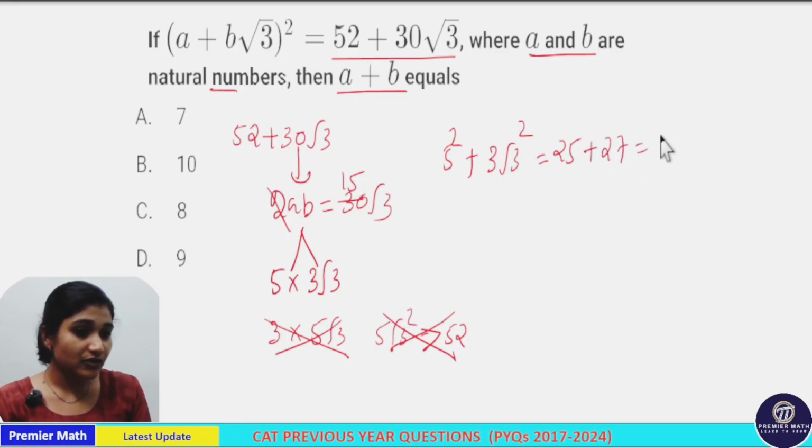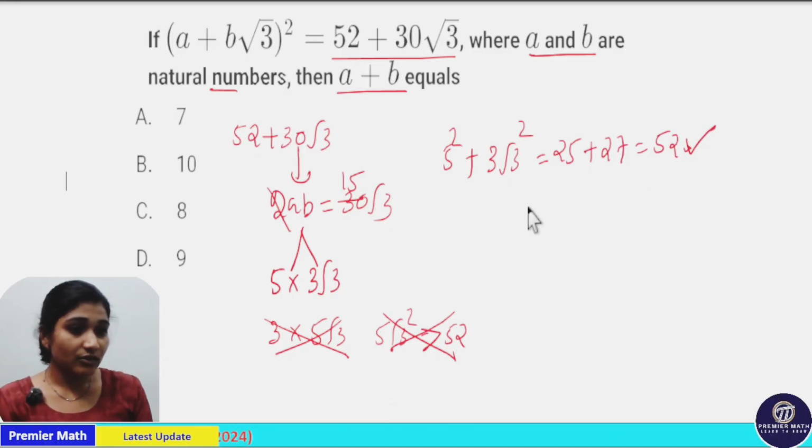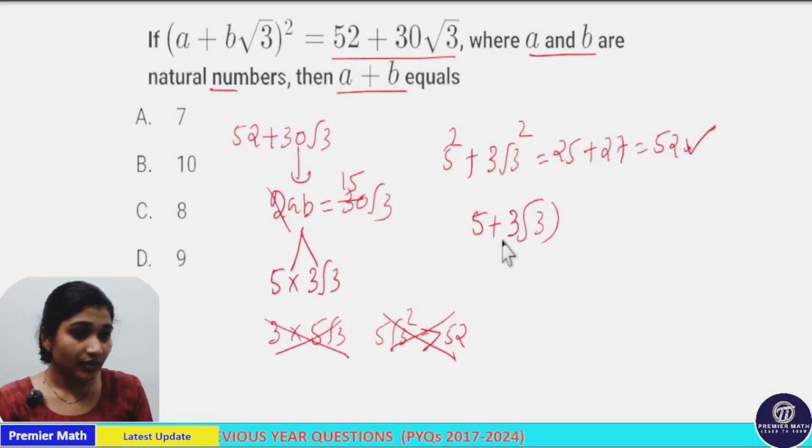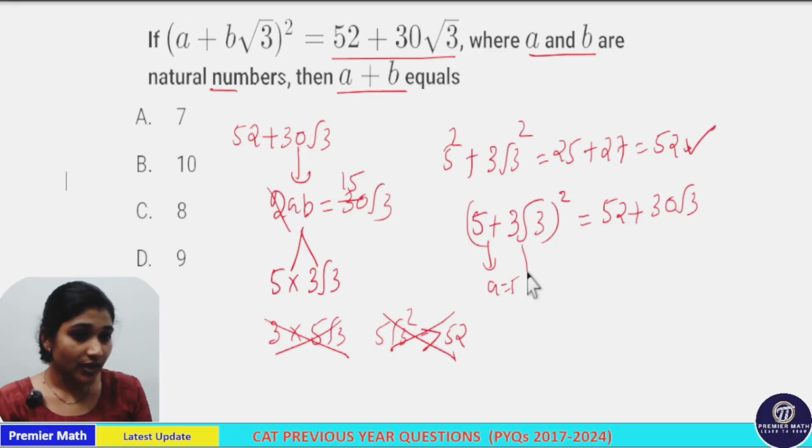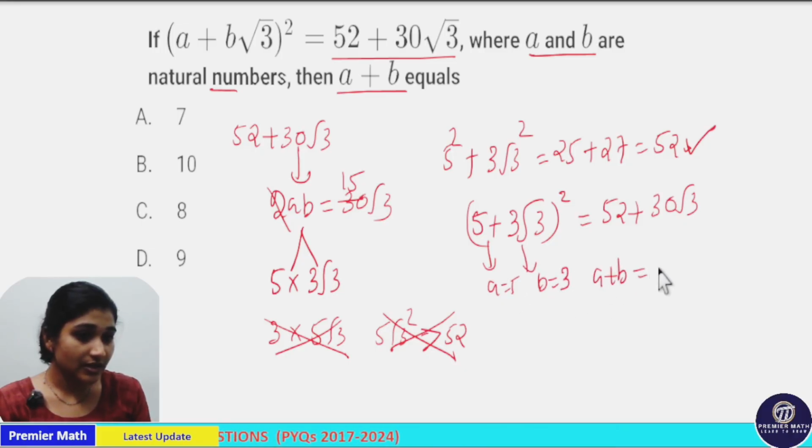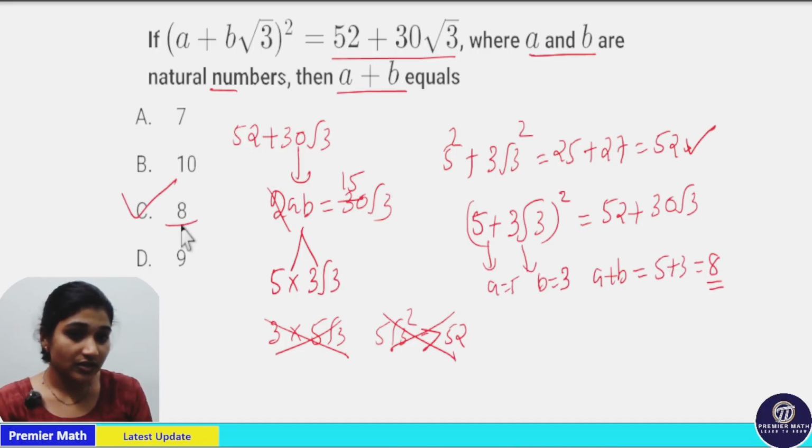So 25 plus 27 is 52, which is right, which means a square plus b square is equal to 52 and 2ab is 30 root 3. Now a is equal to 5 and b is equal to 3. So (5 plus 3 root 3) the whole square is equal to 52 plus 30 root 3. So a plus b is equal to 5 plus 3, 8. Option C is your answer.